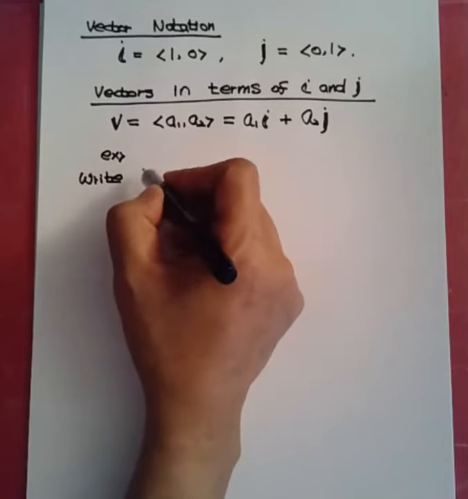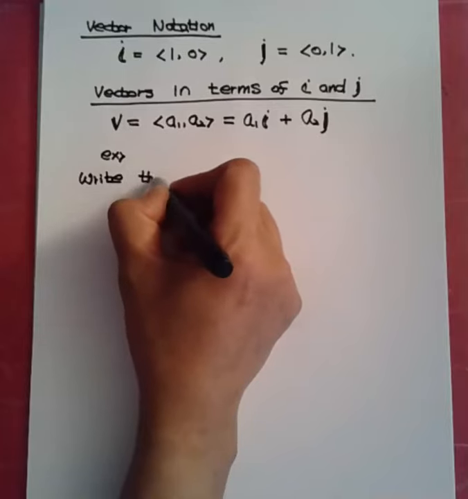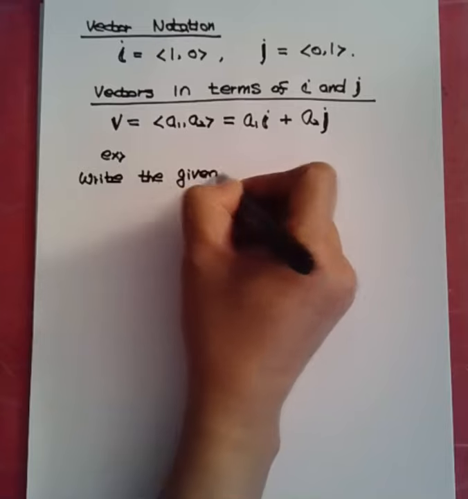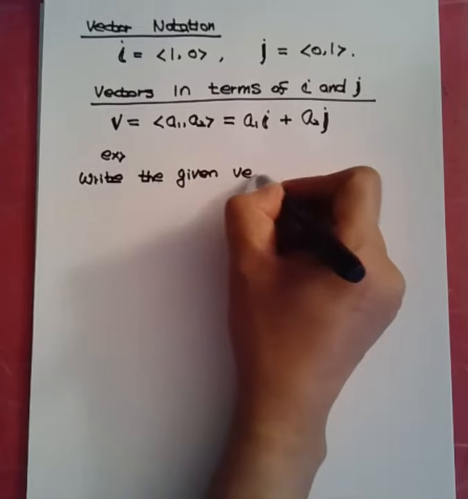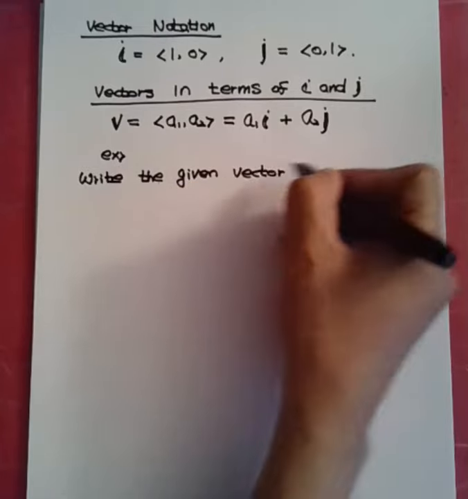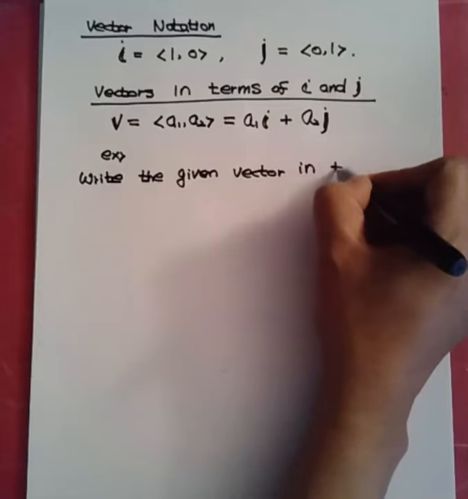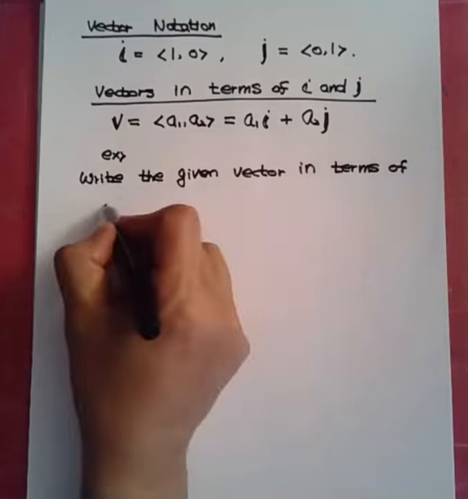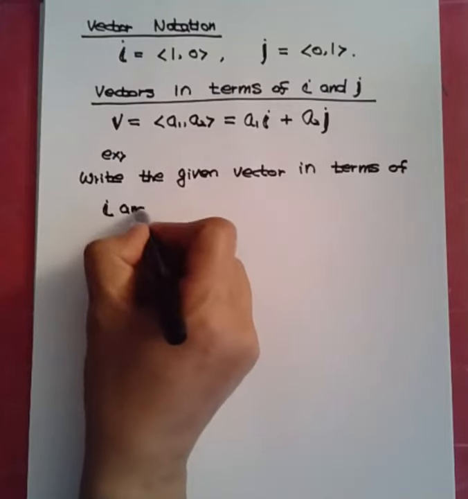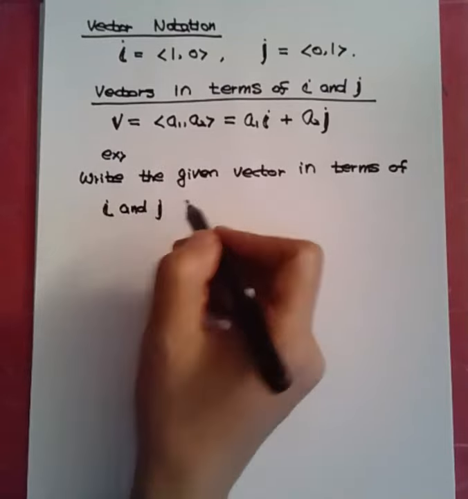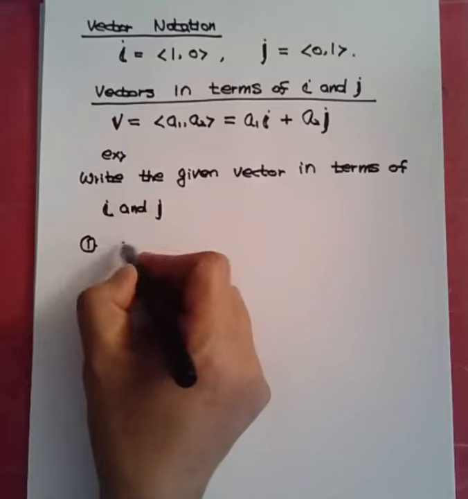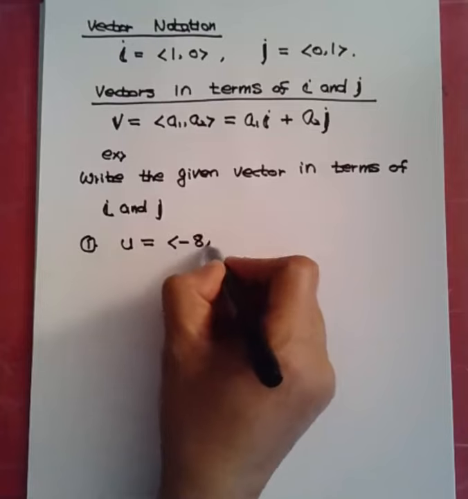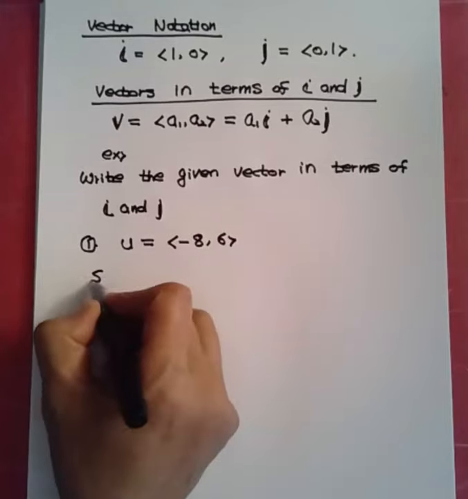In the next problem, we want to convert the component form of the vector into the vector using i and j. So vector u is minus 8 and 6.